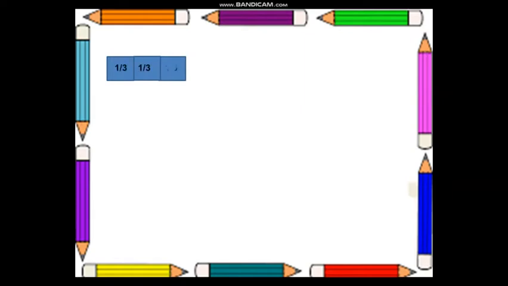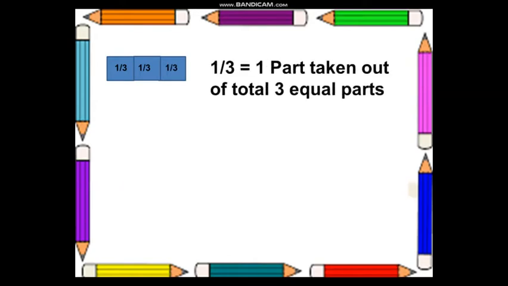1/3 means one part taken out of total 3 equal parts. If you are writing a fraction, then the upper part is the part taken. 1/3 means one part is taken out of total 3 parts, right?